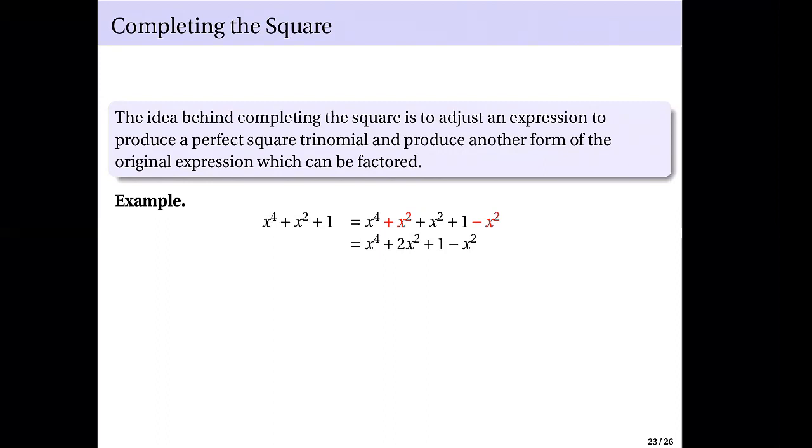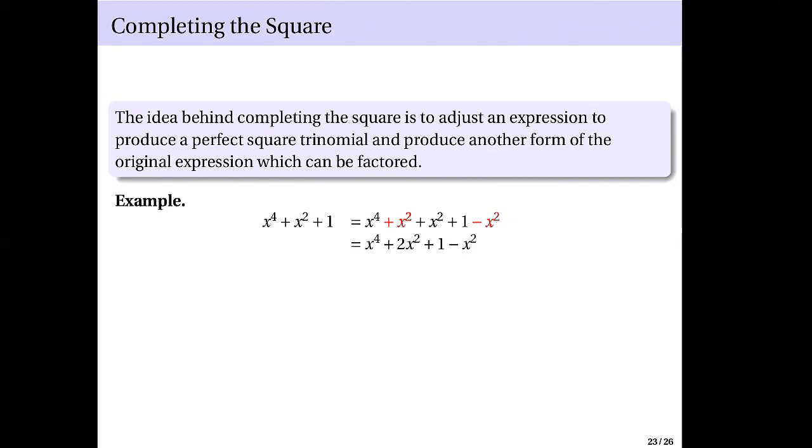You can add anything and subtract anything. But is it the best expression to add and subtract? That's your question. In this case, if we add x squared and subtract x squared, this will be the best expression to add.